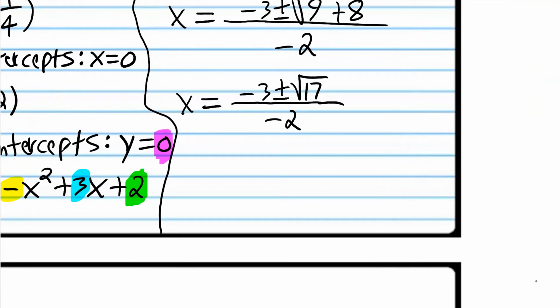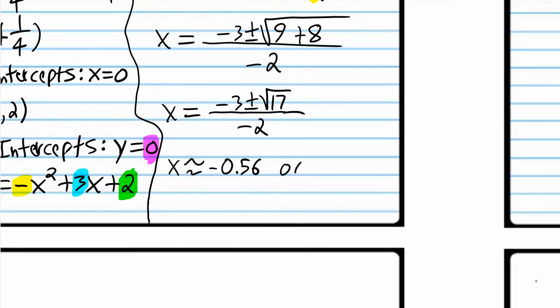And so one x value is going to be approximately negative 0.56, and the other x value is going to be, push 17 into your iPhone and square root, and in case you didn't understand exactly how to do that, you then push the plus or minus button, and then you enter the plus button and then 3, and then push the plus or minus button, and then equals, and then divided by 2, and then the plus or minus button, and then equals.